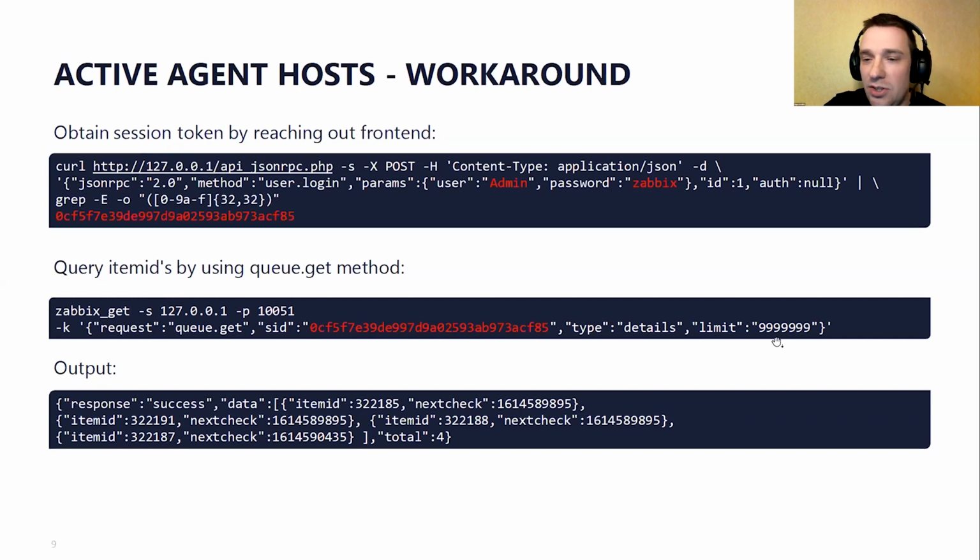Here, the limit is 9 million items. If you have 9 million missing metrics, it will present all the item IDs in the output. And here is a sample of how this content can look. In the next step, we will contact the database to list the details about those item IDs.